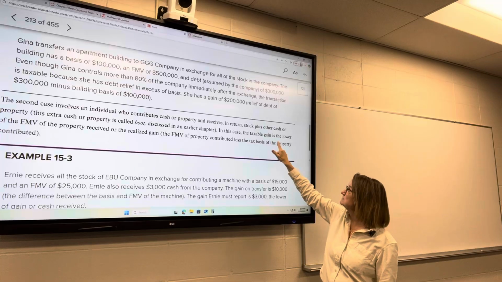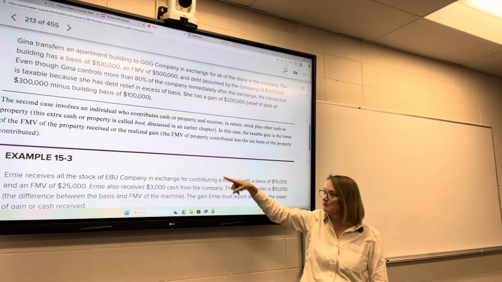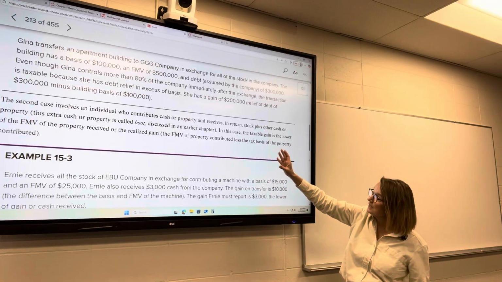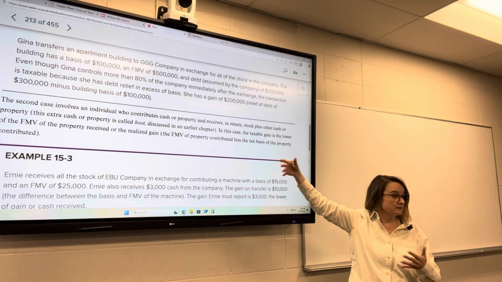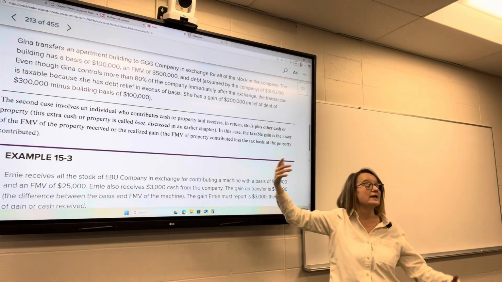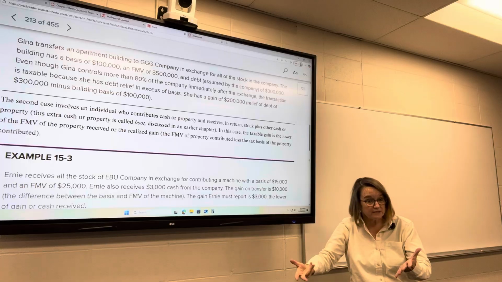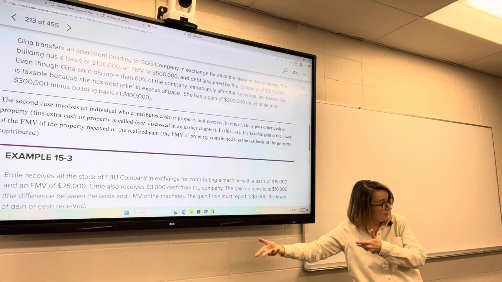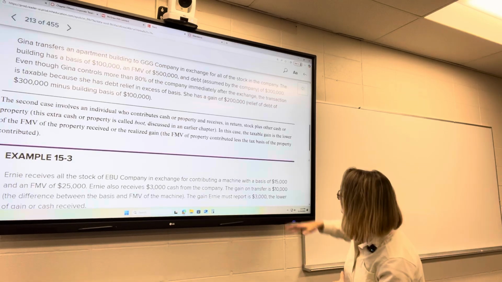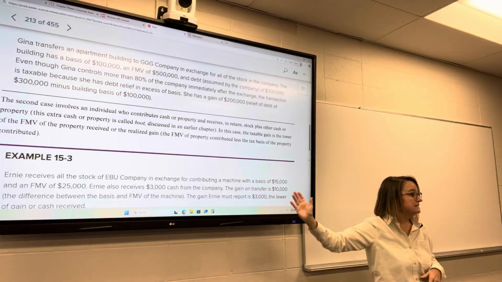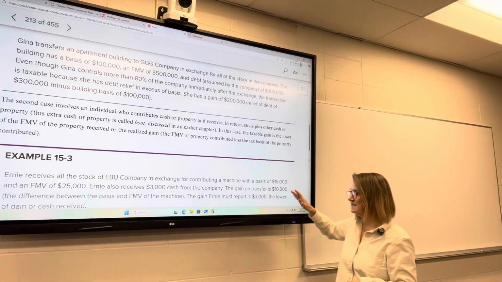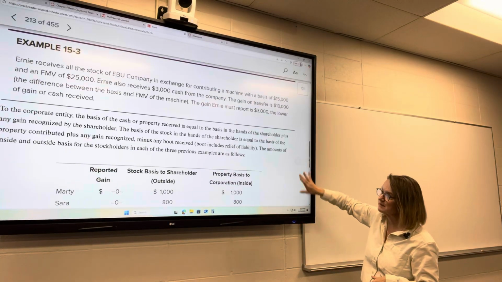So, like I said, the taxable gain is the lower of the fair market value of the property received, in this case $3,000, or the unrealized gain, the suspended gain, of the fair market value over the tax basis, what they would receive if they just sold it. So if he sold that piece of equipment, he'd have to recognize a $10,000 gain and pay tax on it. But he's contributing it instead, but because he's getting $3,000 back, that's less than the $10,000 suspended gain there.